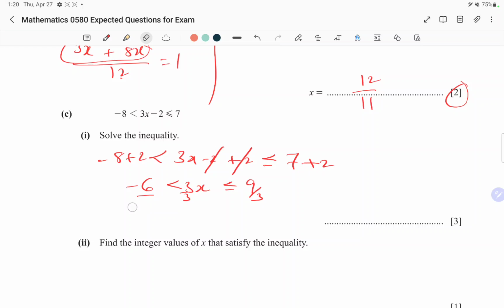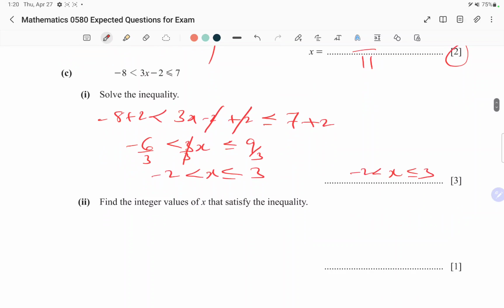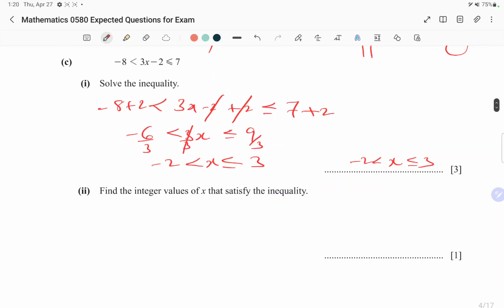So 3 and 3 cancel. So x will be minus 2 to 3. So here you can get minus 2 to 3. Now find the integer values of x that satisfy the inequality.